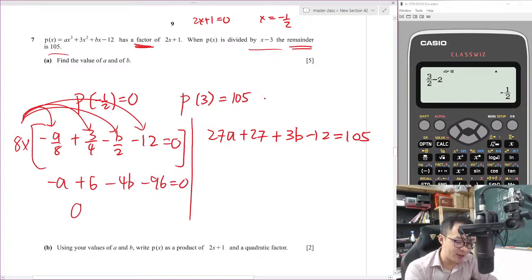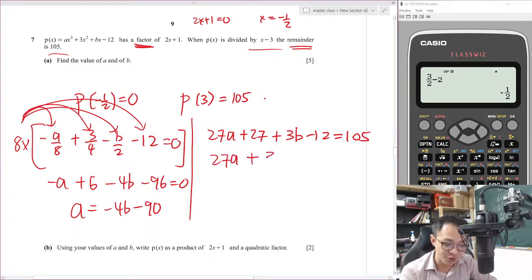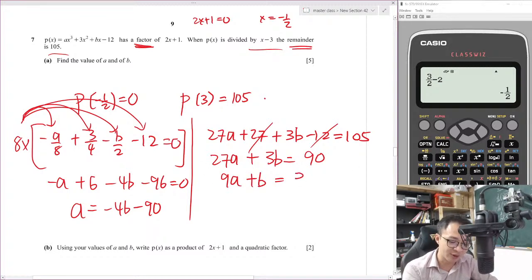So my a will equal negative 4b minus 90. Then I can sub my a into here. I hope I didn't make any carry mistake here. 27a plus 3b, so I solve all the numbers here. This will give me 15, minus 15 will give me 90. The whole number can divide by 3: 9a plus b equals 30.